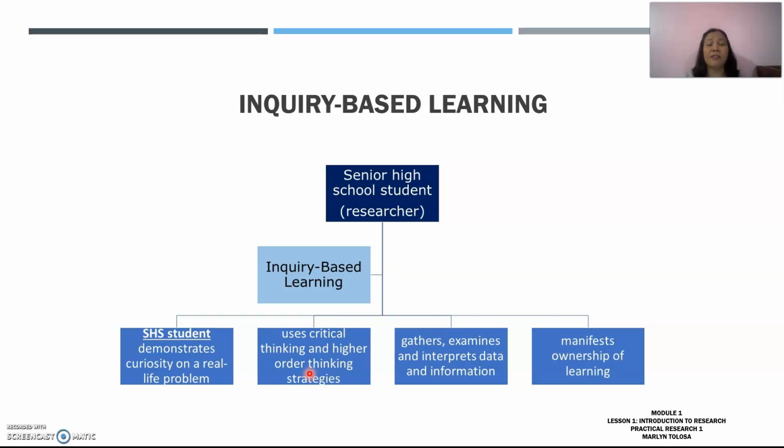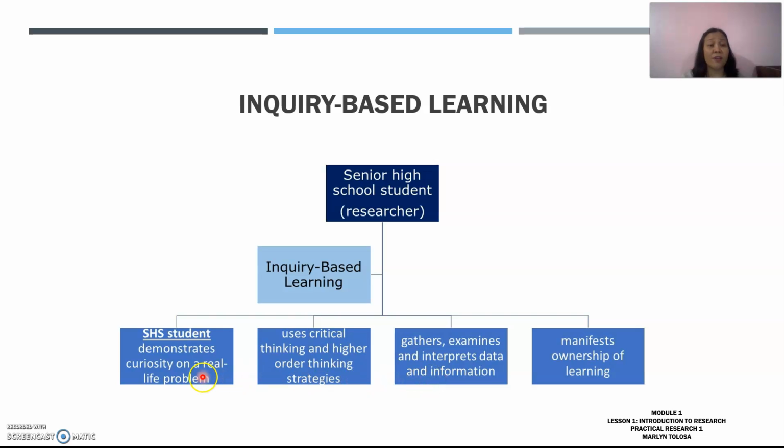Second, a senior high school student uses critical thinking and higher order thinking strategies. As we described what research is, it is a mental act. Therefore, we have to make use of our intellect. Third is that a senior high school student would gather, examine, and interpret data and information.